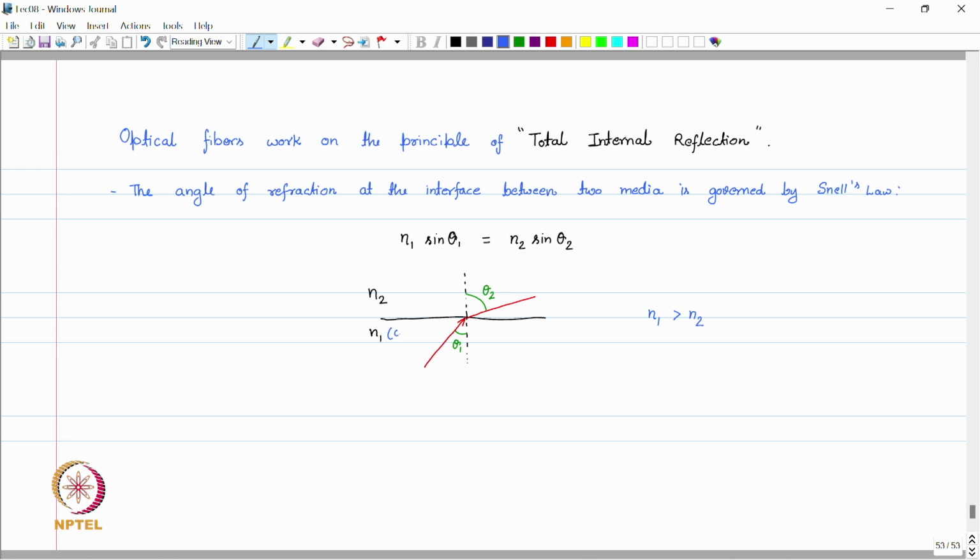Let us say n 1 is our core of the optical fiber and n 2 is the cladding. Now a wave is coming from the core at angle theta 1, and theta 1 is such that theta 2 becomes 90 degrees. In that case, the wave does not go into the cladding, but remains at the interface. We can draw that particular case.